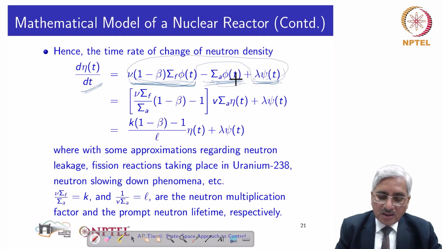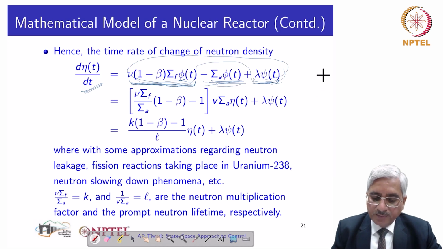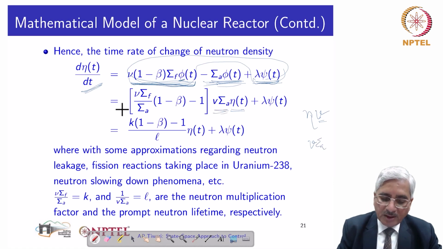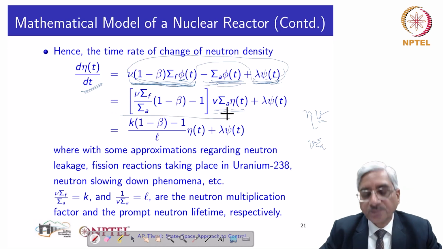And this term is expressed, phi is substituted as eta times v, and that v into sigma A has been taken common and some manipulations have been carried out.